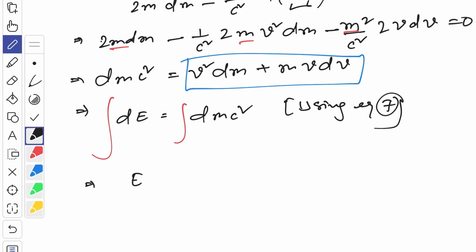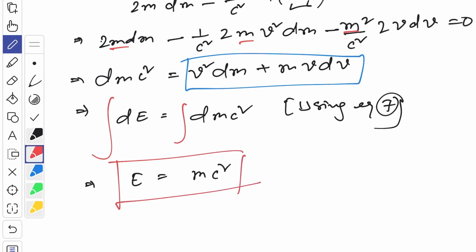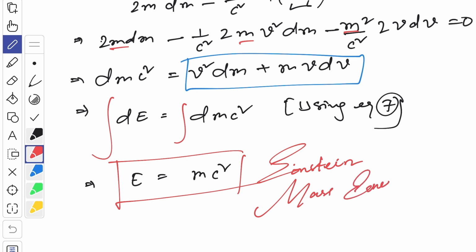If you integrate this, then you will get E is equal to mc square. That is the Einstein mass energy relation.